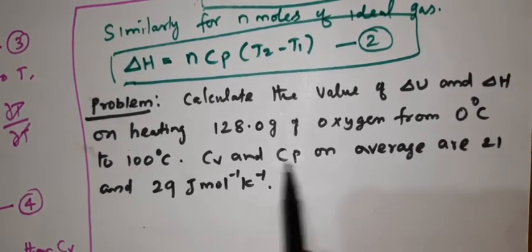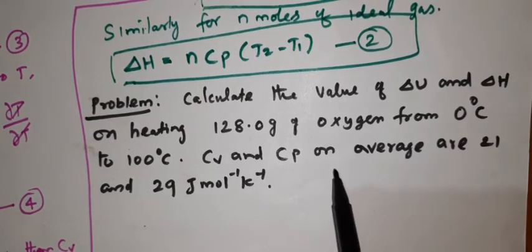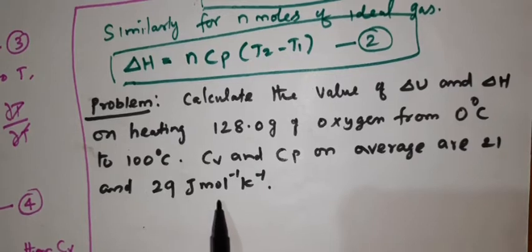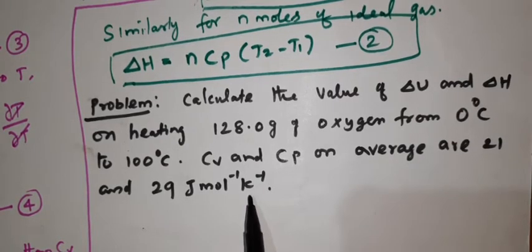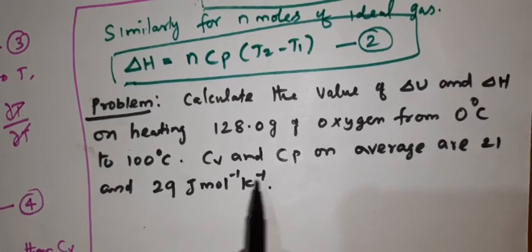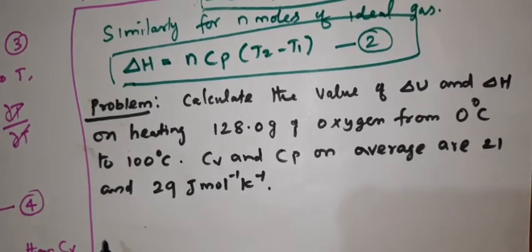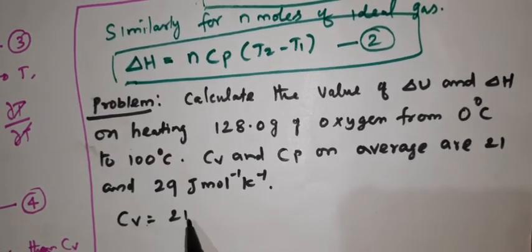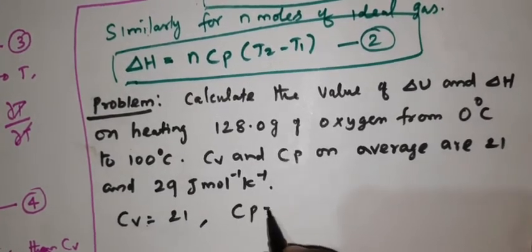Now Cv and Cp values on average are 21 and 29 joule mole power minus 1 Kelvin power minus 1 respectively. So the value of Cv is 21 and the value of Cp is 29.